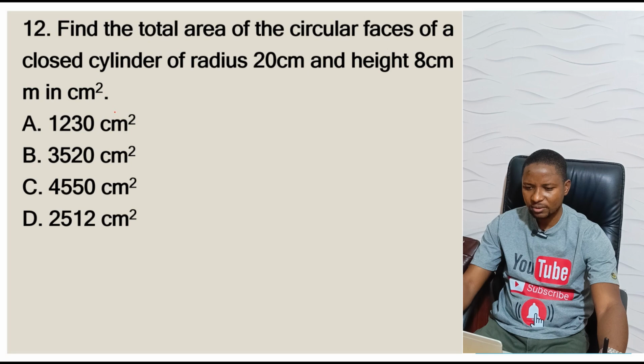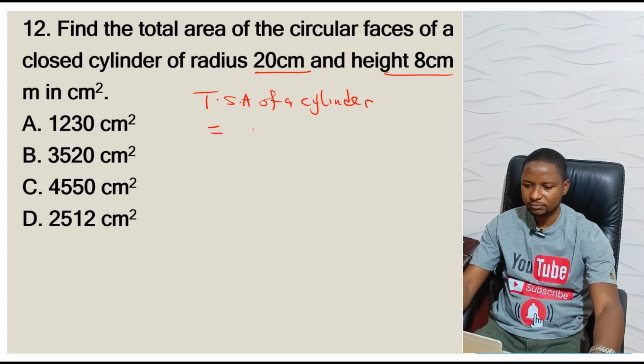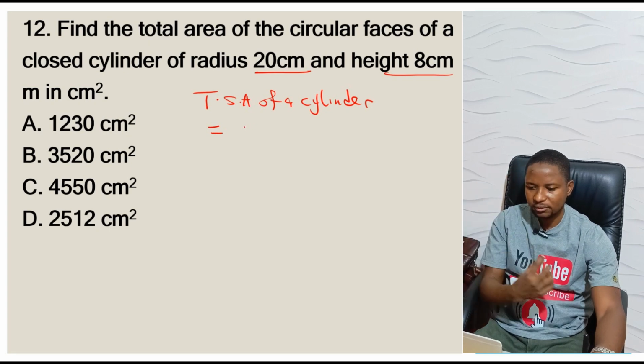Moving on to question 12. Find the total area of a circular face of a closed cylinder. They give you the radius and also the height. So that's the formula you need. Total surface area of a cylinder will give you the area at the top is pi r squared.